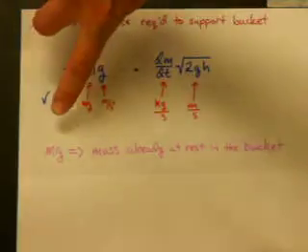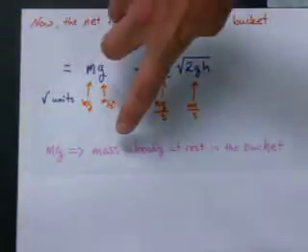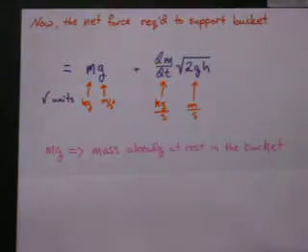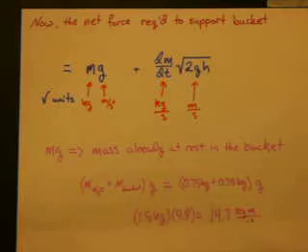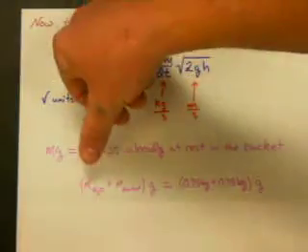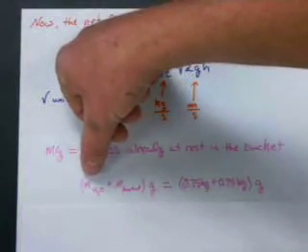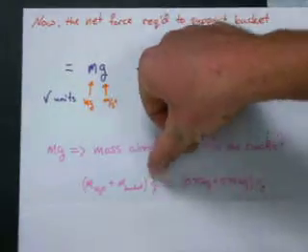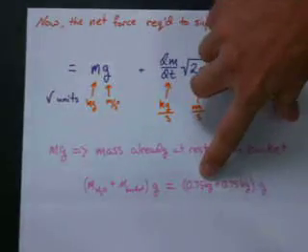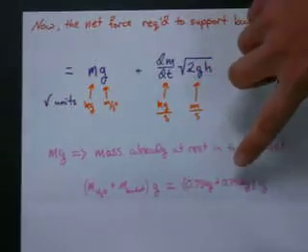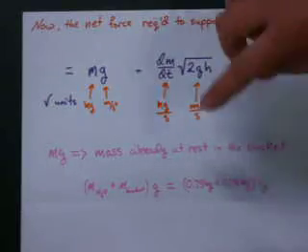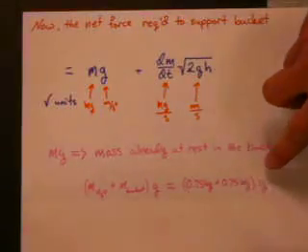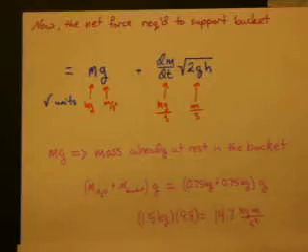Now, remember, mg is equal to the mass already in the bucket to begin with after your 3 seconds. So, mg is really the mass of the water plus the mass of the bucket times gravity, which the mass of the water is 0.75 kilograms, plus the mass of the bucket, which is also 0.75 kilograms, times gravity.